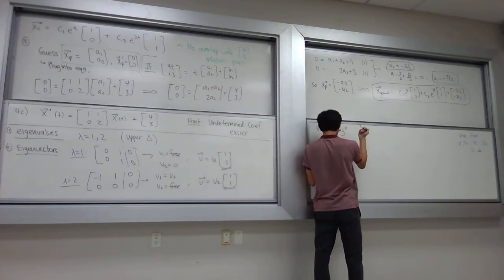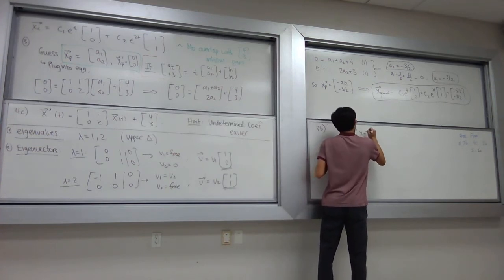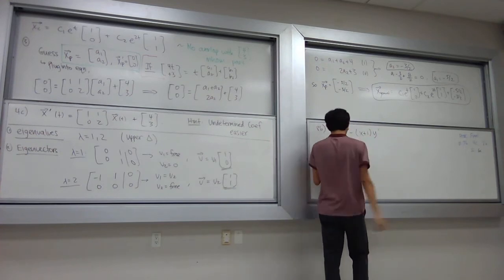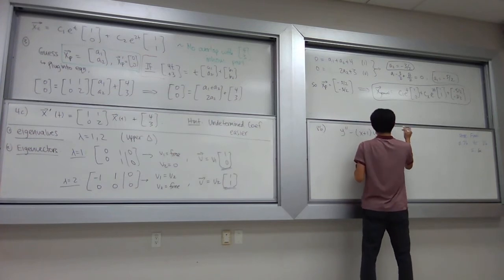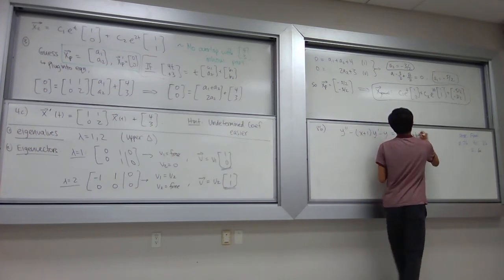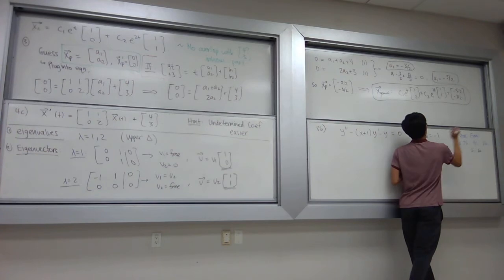Y double prime minus x plus 1 y squared. This is going to be very long. Equals 0. X not equal to -1.